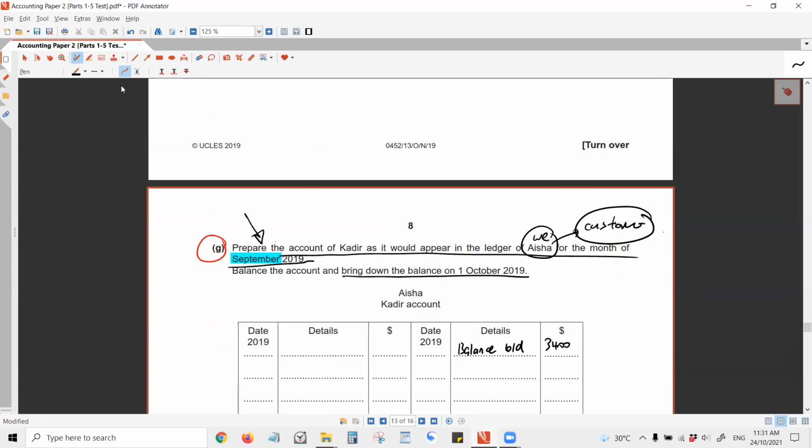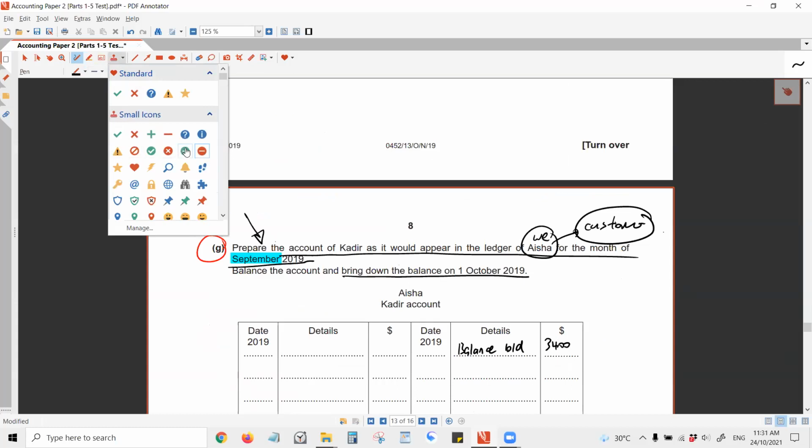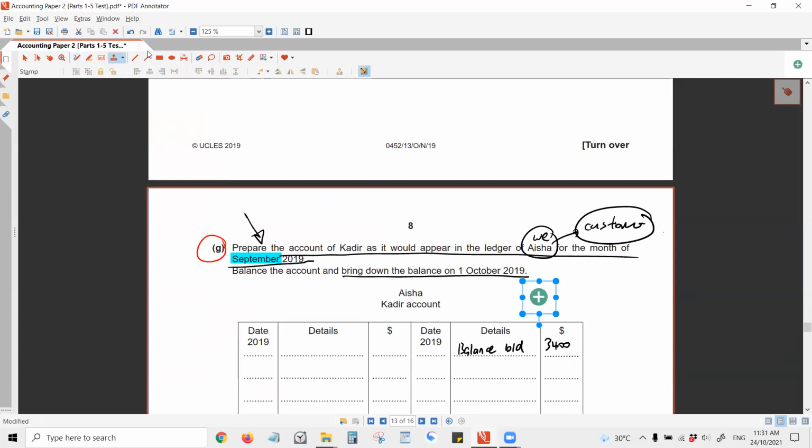Why on the credit side? Because you have to understand the nature of a supplier account. In a supplier account, here is plus, here is minus. Plus is the side that makes us owe more to the supplier. The debit side is the side that makes us owe less to the supplier. That's how a supplier account looks.